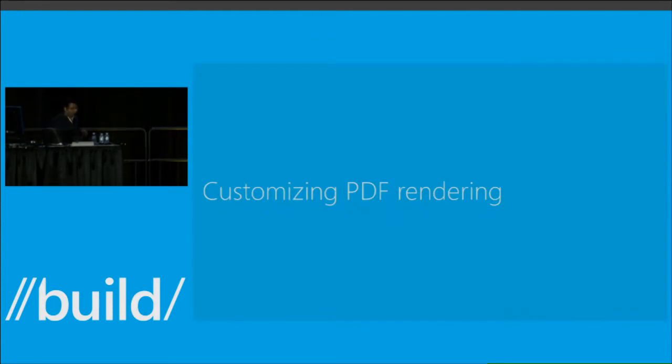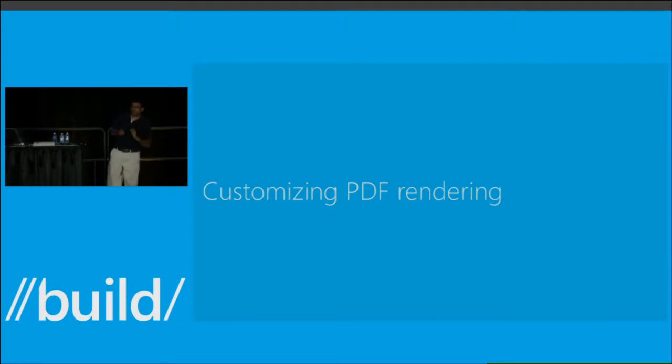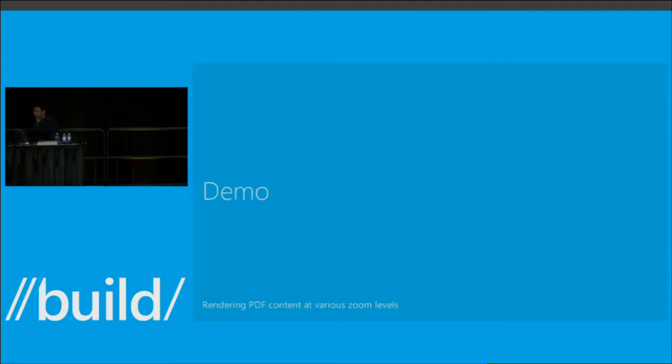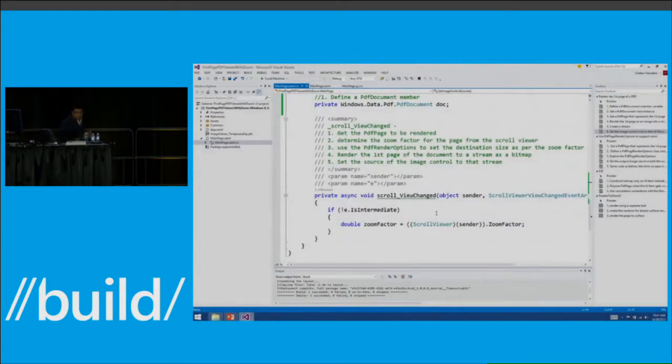So now that we have seen how easy it is to render PDF content, let's explore options available to you as a developer to tweak and customize that rendering. Again, I'm going to go back to the sample application that we are working with. Okay.